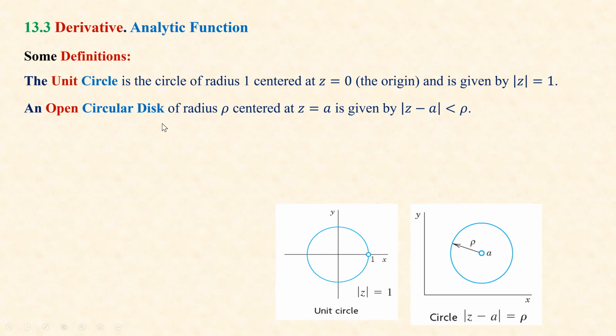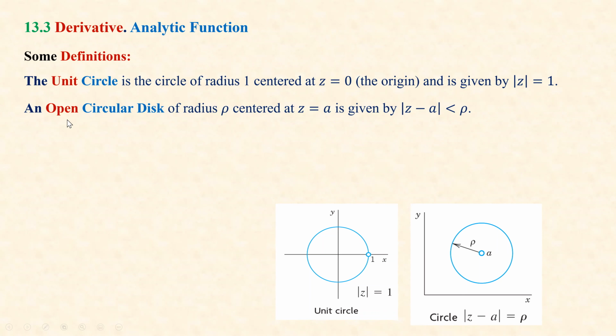But this open circular disk is all the points that are inside this circle. It means the distance of them to a, the absolute value of z minus a, is the distance of the two numbers. The distance of all the z to a is less than rho. So that represents all the points that are inside the circle. And we call it an open circular disk of radius rho centered at z equal to a.